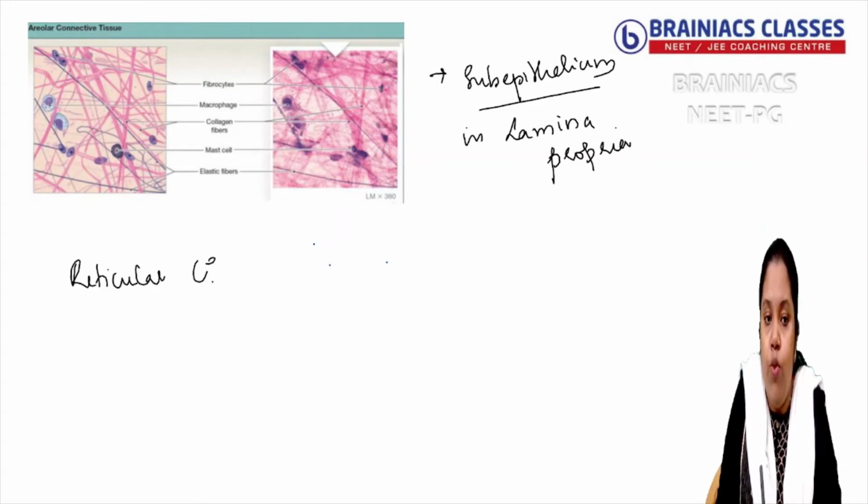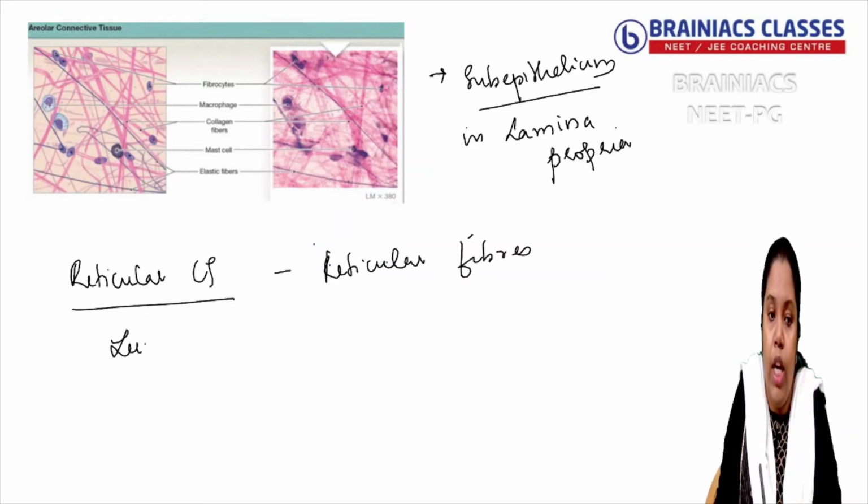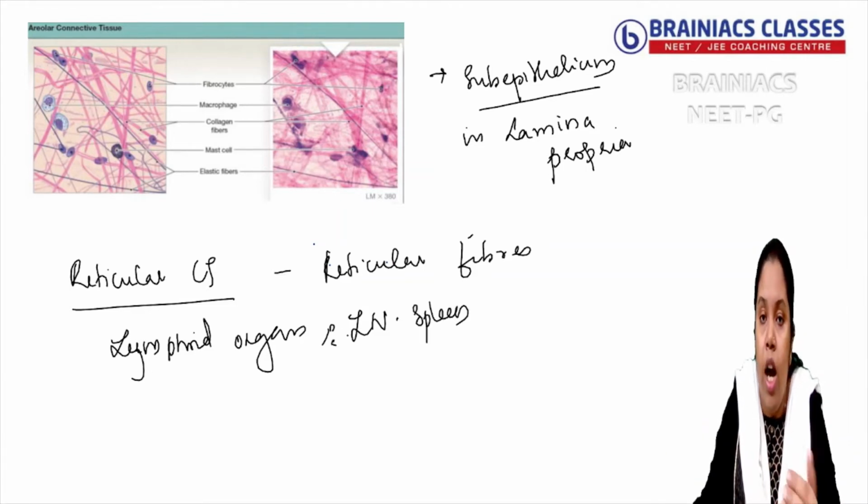We have already said which type of fibers will be in reticular connective tissue: reticular fibers. You can see it in the lymphoid organs except the thymus, like lymph node and spleen.